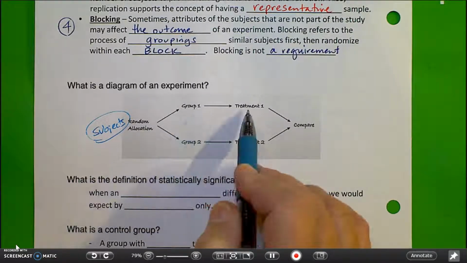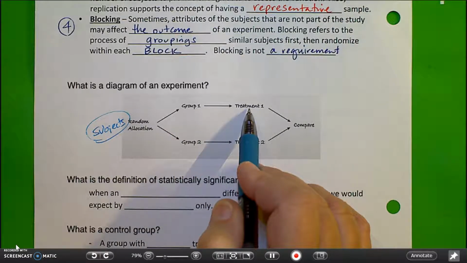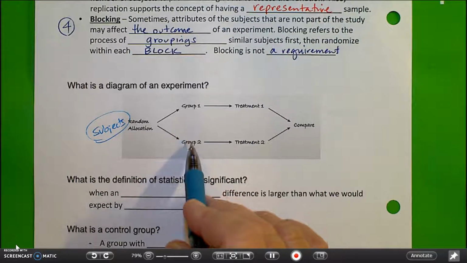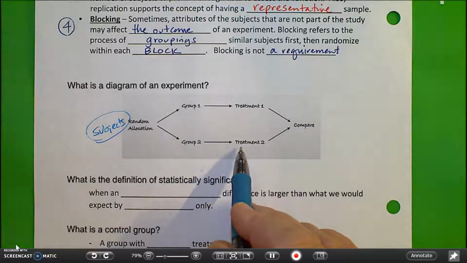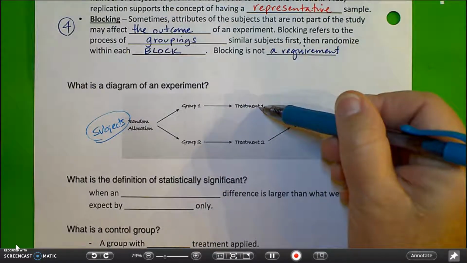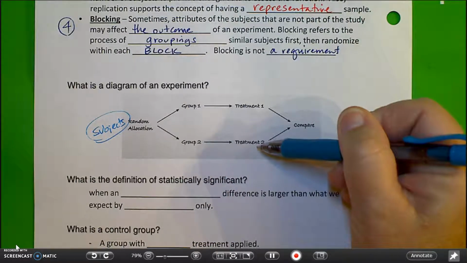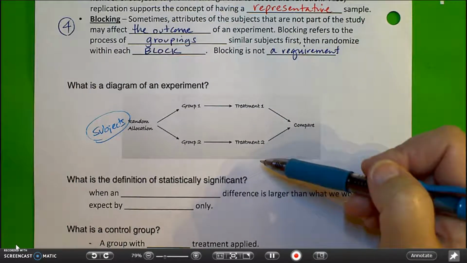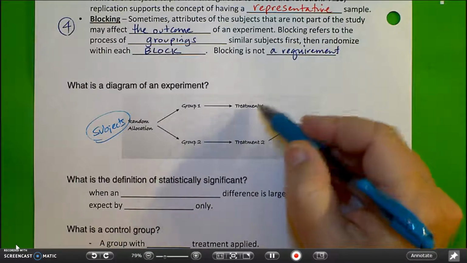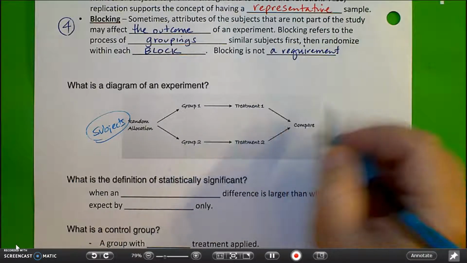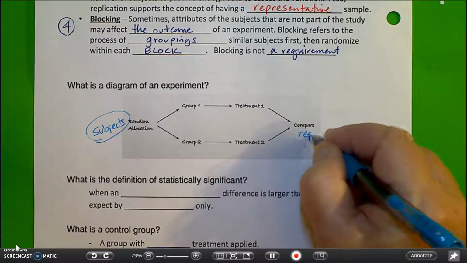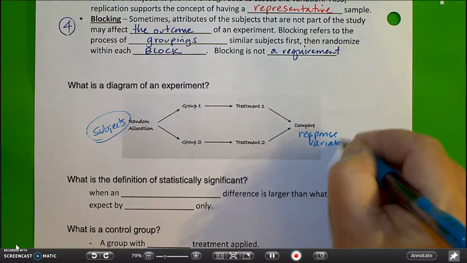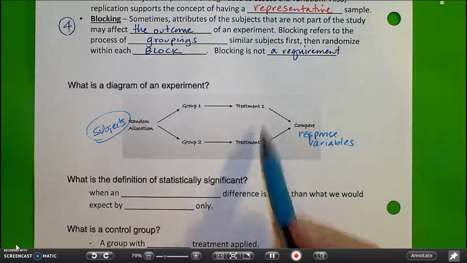Group 1 goes with treatment 1. Group 2 has a different treatment applied to it. So in this particular study, there are 2 treatment levels being looked at, so 2 groups are all that are needed. Then at the end of the study, after the treatment has been applied, you compare the response variables across the different treatments.